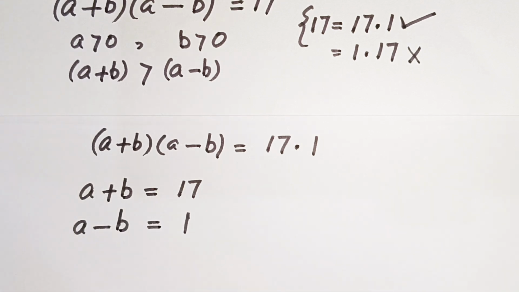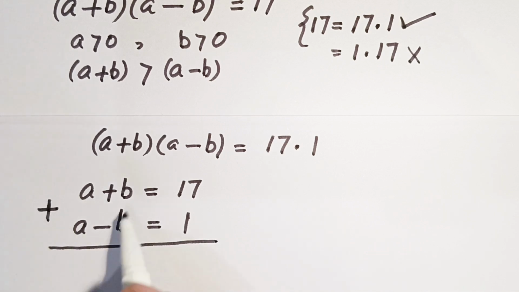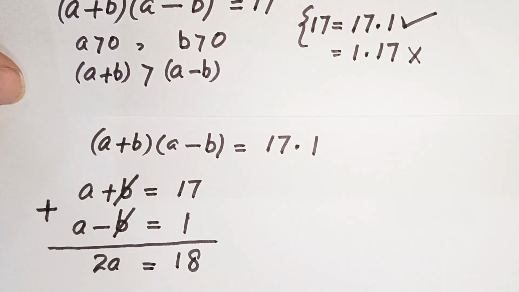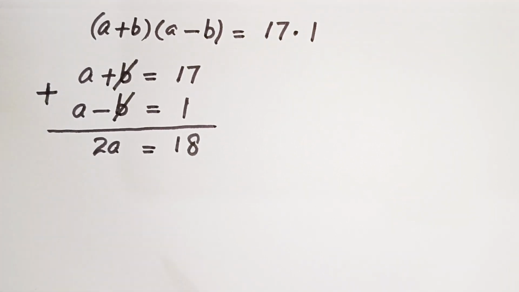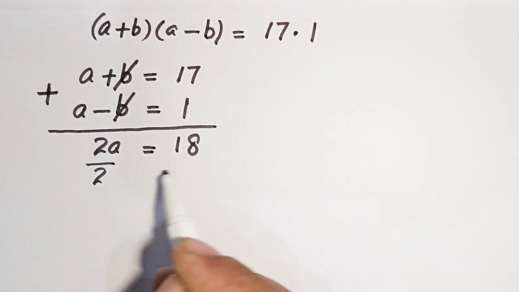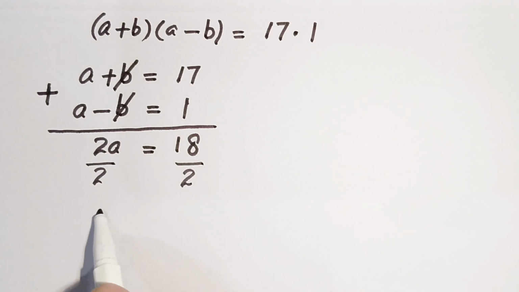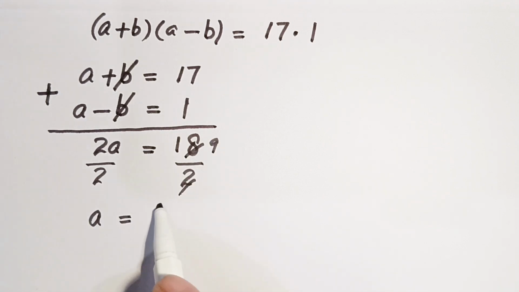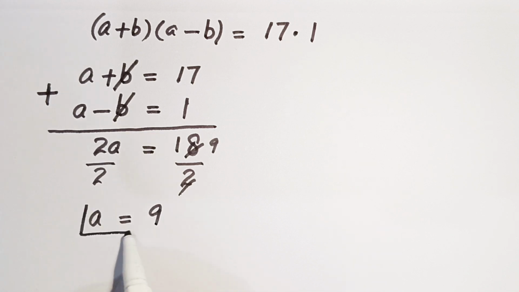Adding these two equations, plus b and minus b cancel, and we get 2a equal to 17 plus 1, which is 18. Dividing by 2 on both sides, a is equal to 18 over 2, so a is equal to 9.